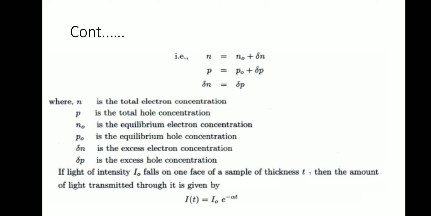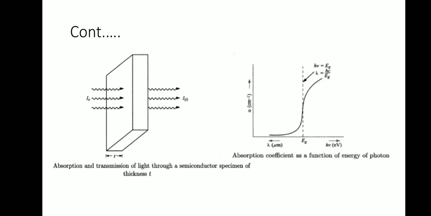Then the amount of light transmitted through that semiconductor is I(t) equals I0 e raised to minus alpha t. In that I0 amount, a fraction of energy is lost and the remaining is transmitted as I(t) equals I0 e raised to minus alpha t, where alpha is the absorption coefficient.